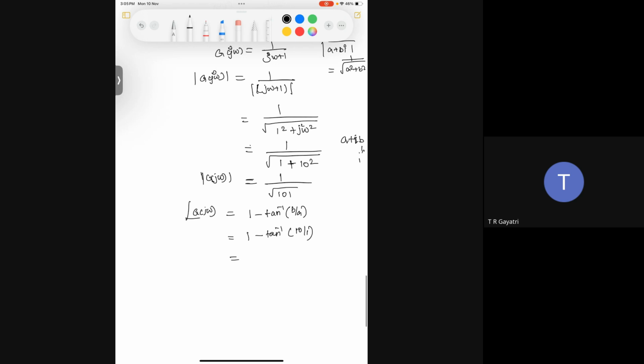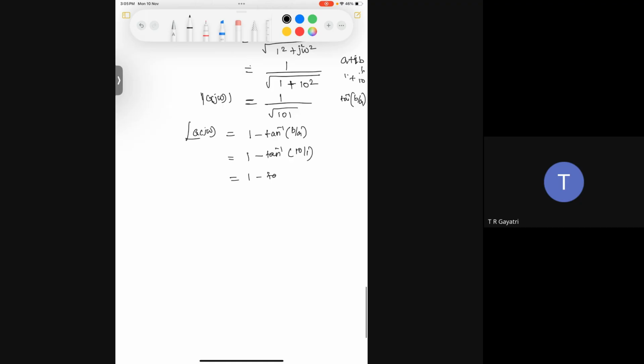So this is 10, this is 1, so b by a is 10 by 1. So it is minus tan inverse of 10. How much is tan inverse of 10? The value would be around 84 degrees, something around 84 degrees.